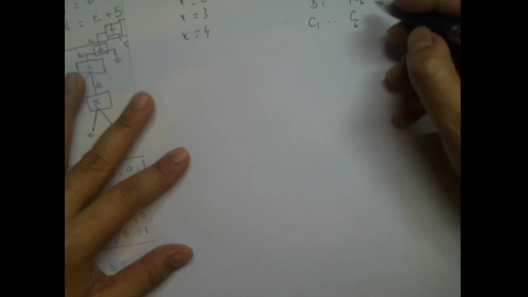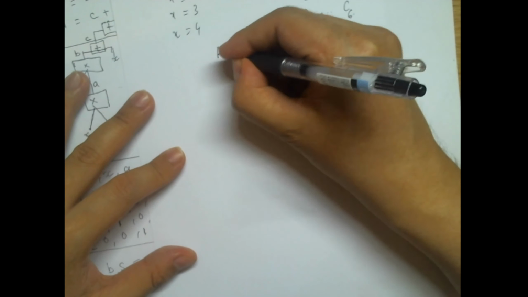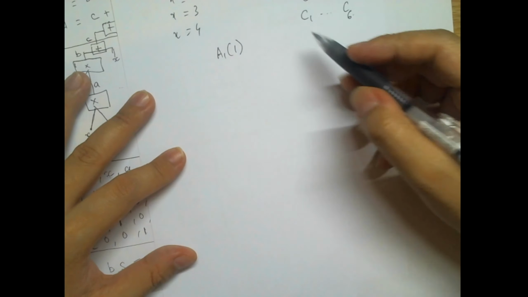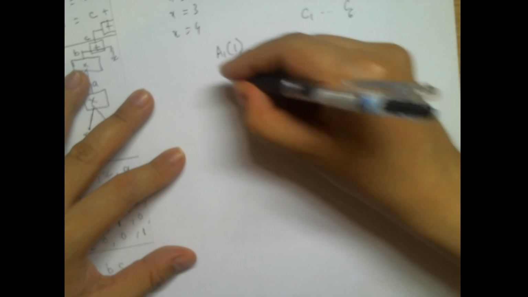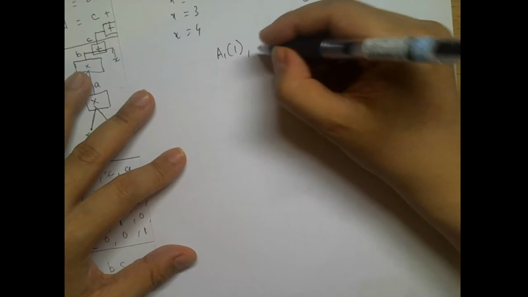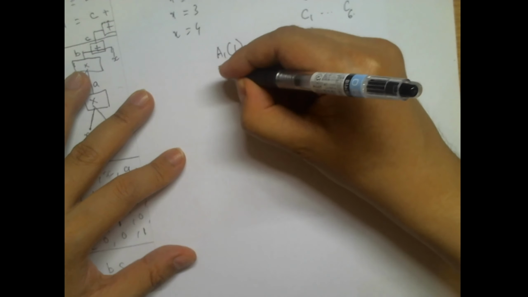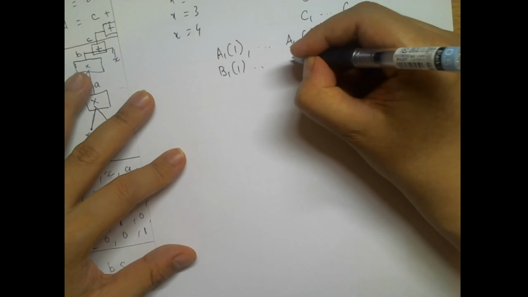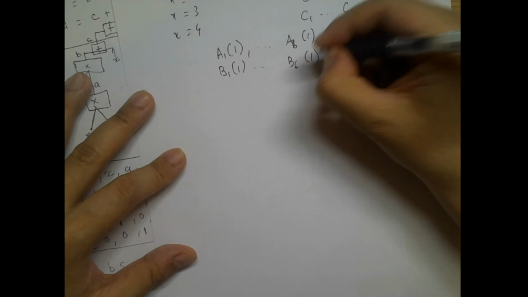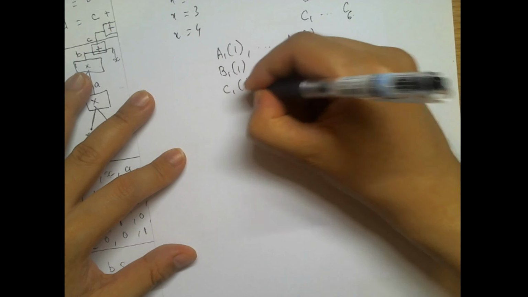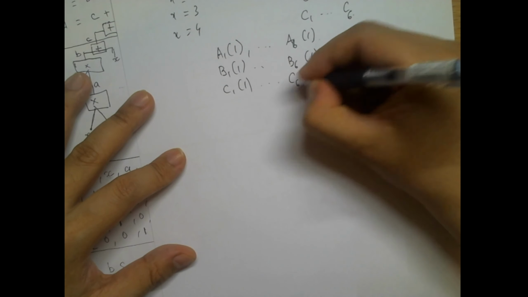Such as if you do a1 evaluated at 1, and then b1 evaluated at 1, and a6 here, b6 evaluated at 1, and c1 evaluated at 1, and then c6 evaluated at 1.